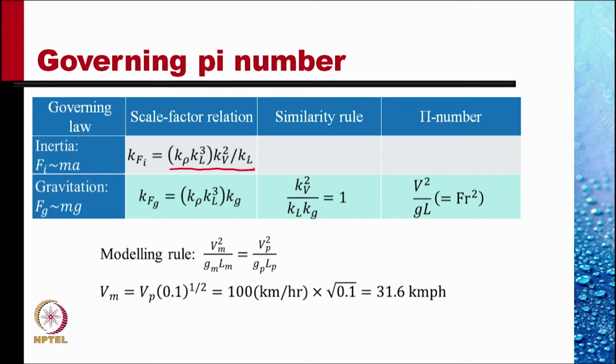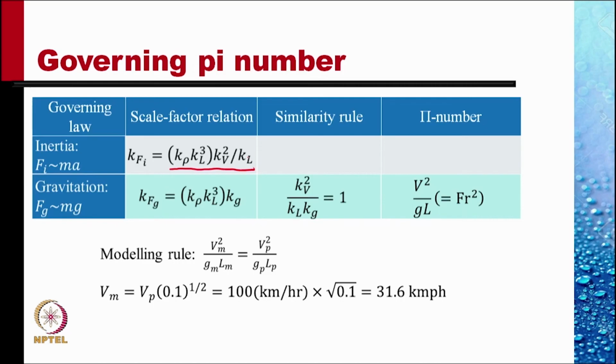Now Lm by Lp is 0.1. So that the model speed is 31.6 kmph. Instead of 100 kmph for the prototype, we need to drag the model aircraft at 31.6 kmph.